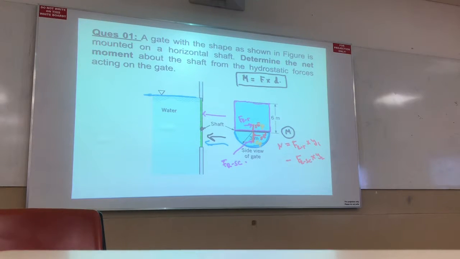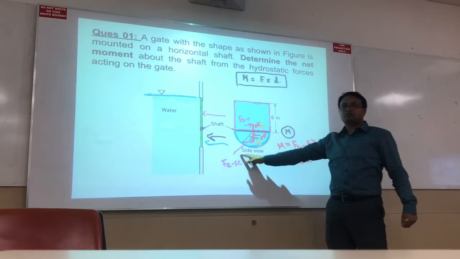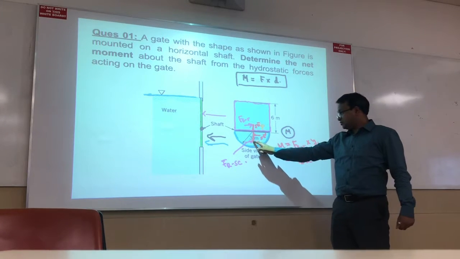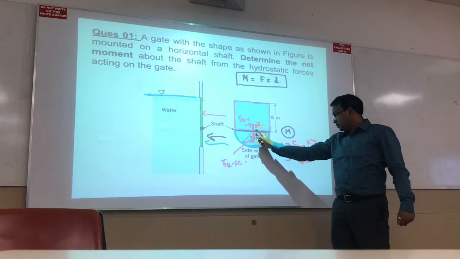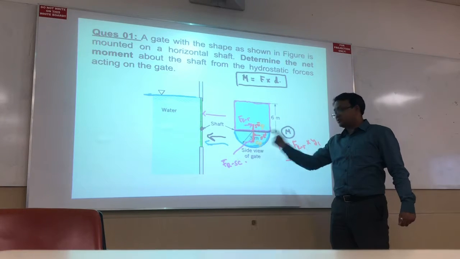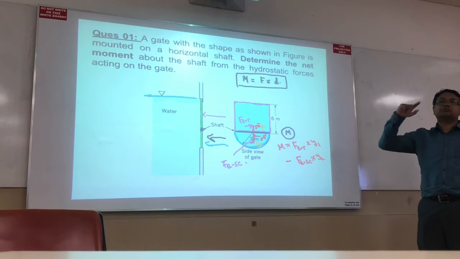This is the moment. This one force is clockwise, and there is another one anticlockwise. So this one times this one minus this one times this one. If they are in the same direction, then both are positive.